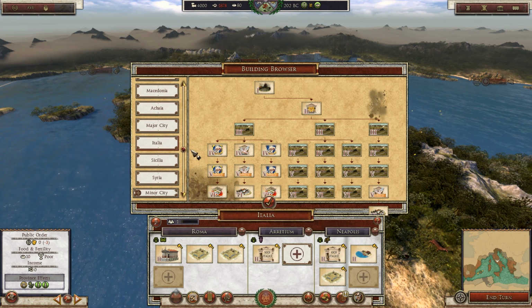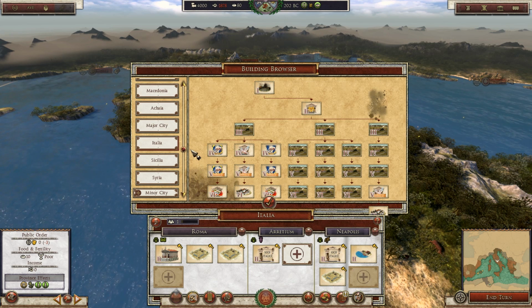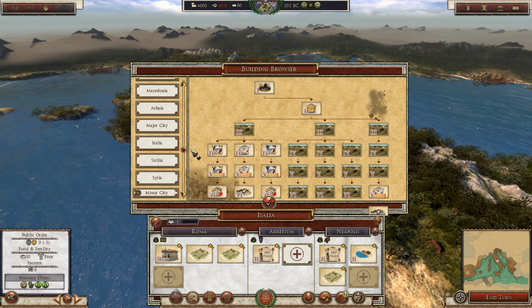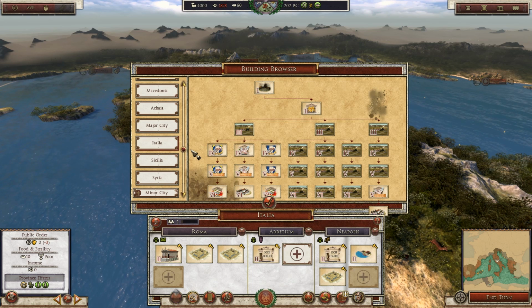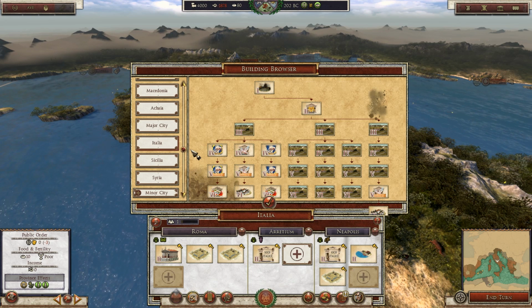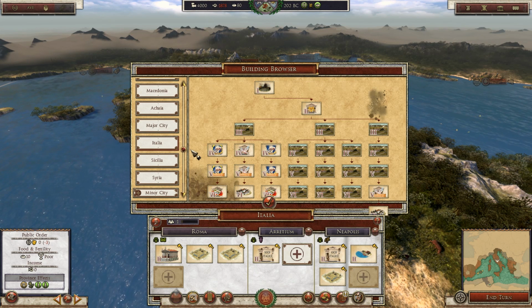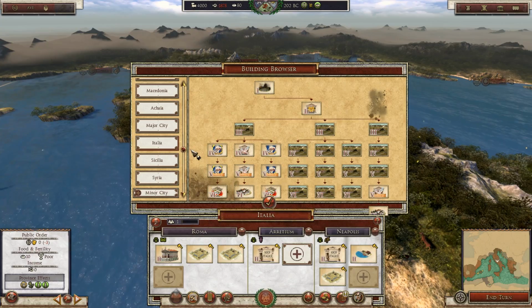So it's just a really cool aspect, provides a uniqueness, in which case, since we don't have the information, hopefully there will be a very nice uniqueness, which will give us an incentive for wanting to capture and hold those specific regions. Well, that's it for the major building section. We're going to move on to the slot categories.